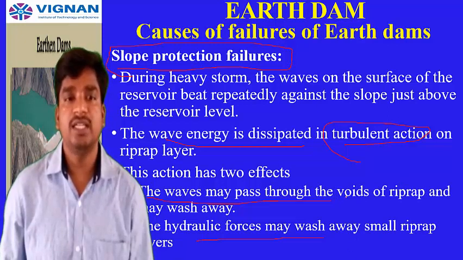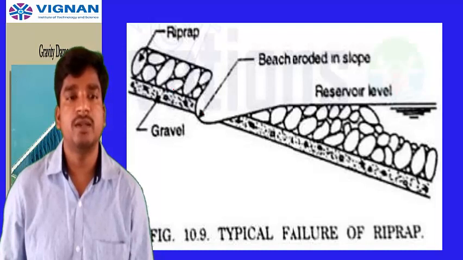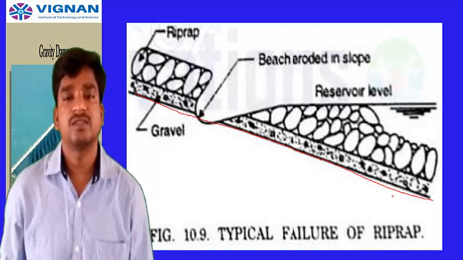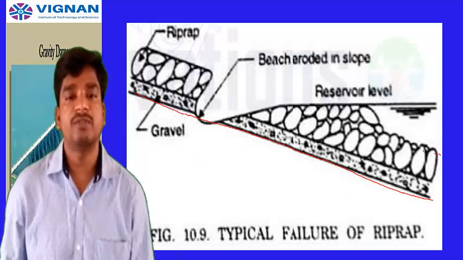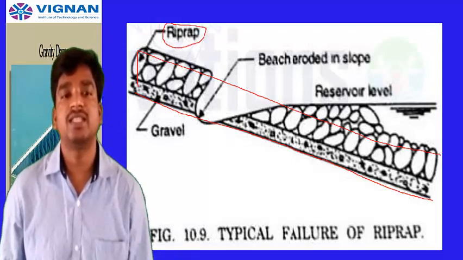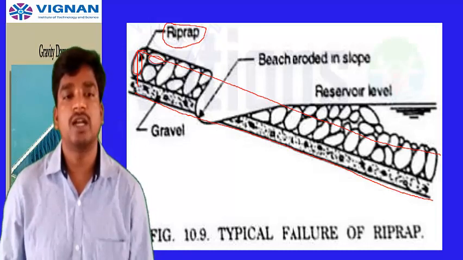Moving on to the next slide. Here you can see the picture. This is our upstream surface, and on top of it we have protected the surface with riprap layers. Here you can see rocks arranged in order.